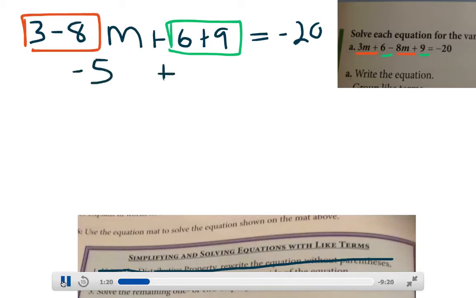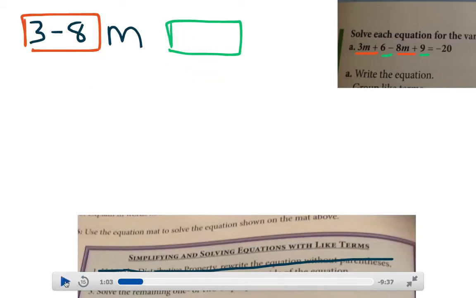6 plus 9. Here, I'm going to back that up and play it again because something happened with that. So 3 minus 8 is negative 5m, and 6 plus 9 is 15. There we go.